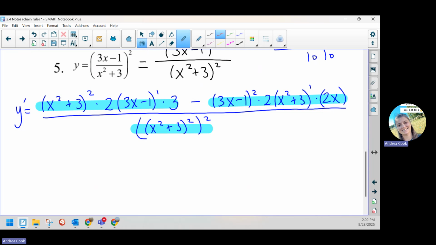So I see an x squared plus 3, an x squared plus 3, and an x squared plus 3. And I see that they have 1 in common. So actually, before I do that, let me change this to the x squared plus 3 to the 4th power, just multiplying those.